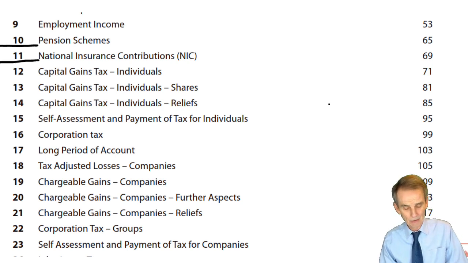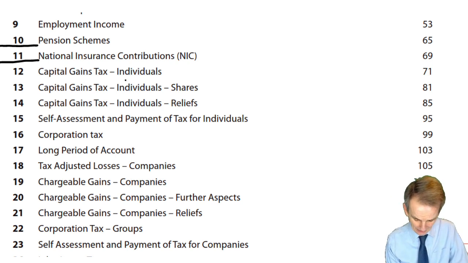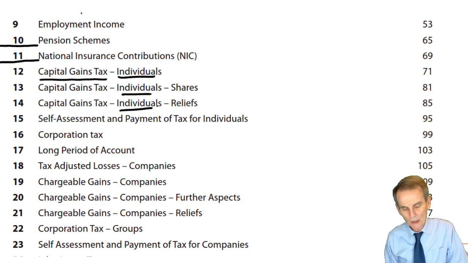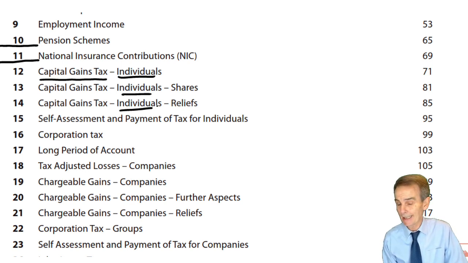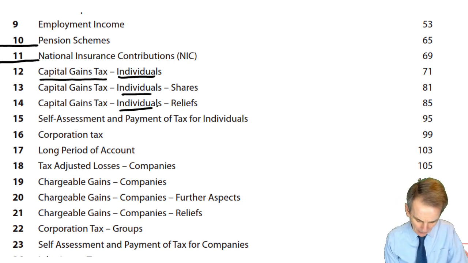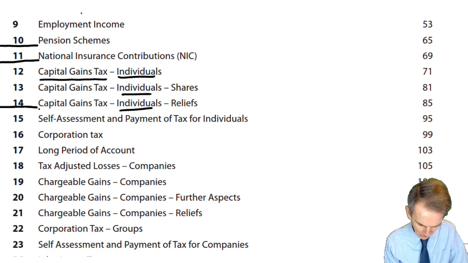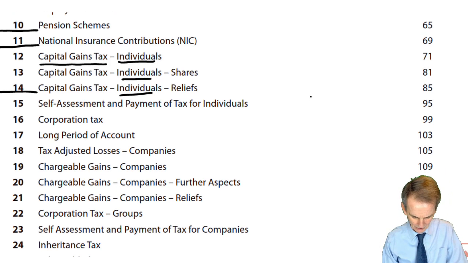A further personal taxation is capital gains tax, CGT as it's known, for individuals. And we split our study of capital gains into two. Firstly, the personal tax side, which is chapters 12 through to 14.